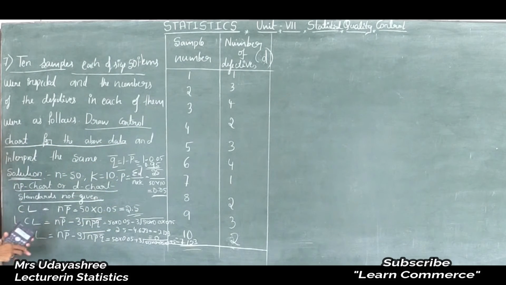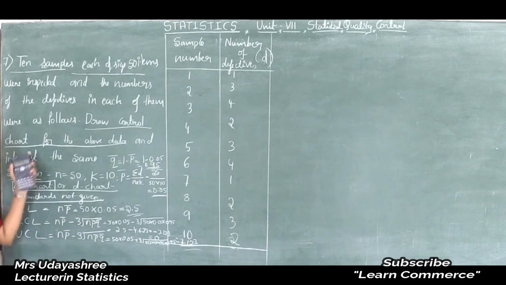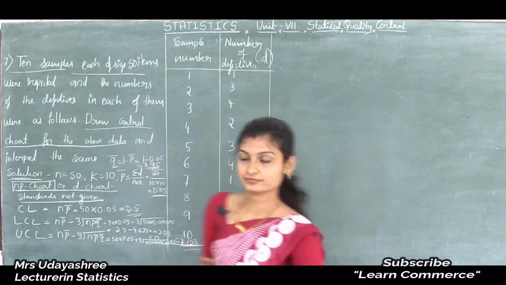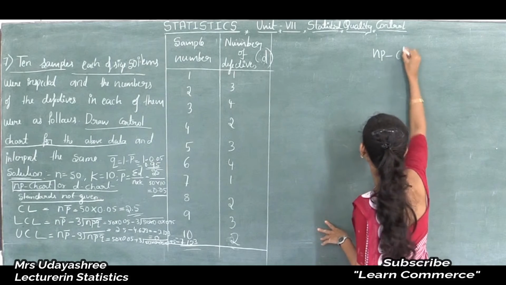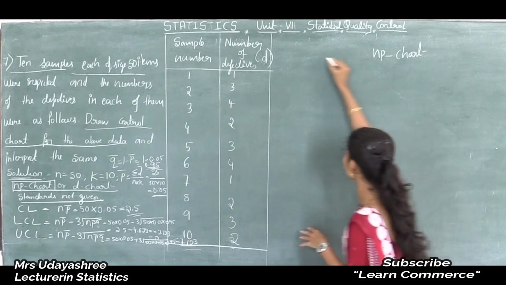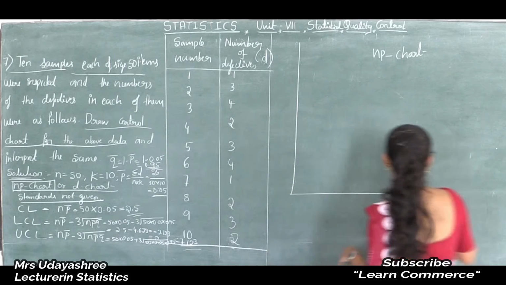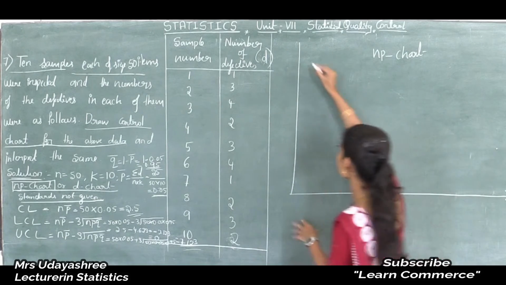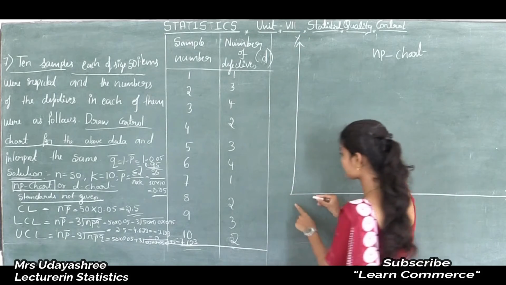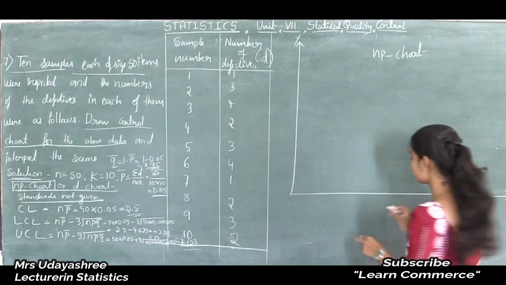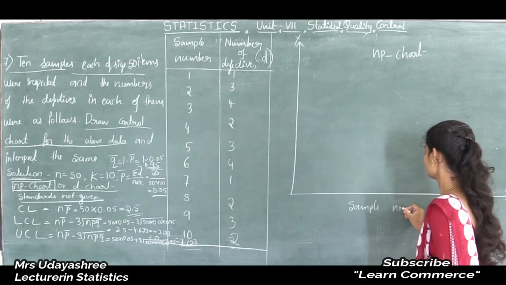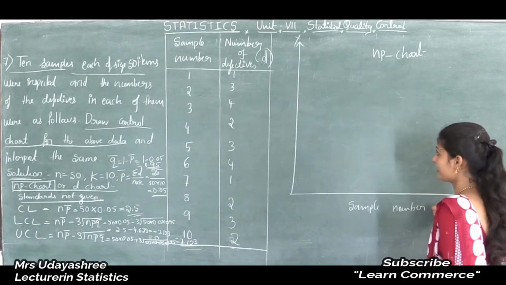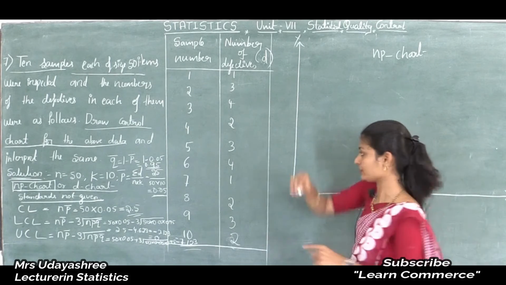So the above data is based on the NP chart. Then how to draw the control chart? See, like this. To draw an NP chart we need a graph like this. This is the x axis and this is the y axis. The x axis is along with the sample number, and the y axis is along with the number of defectives.